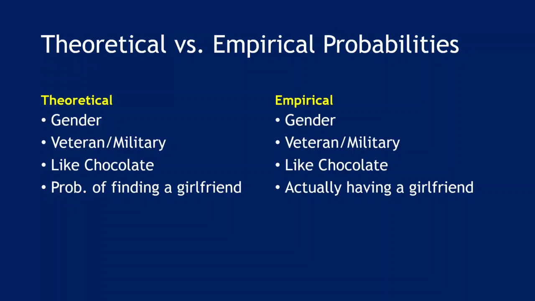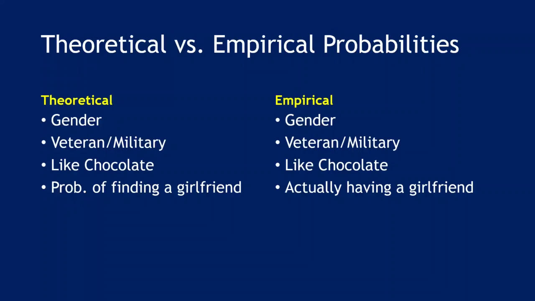For example, what's the probability that a random person is male versus female? That's the gender probability, and without having to conduct an experiment or collect any data, we already know from thousands and thousands of years of experience that the population is distributed roughly as 50% female and 50% male.